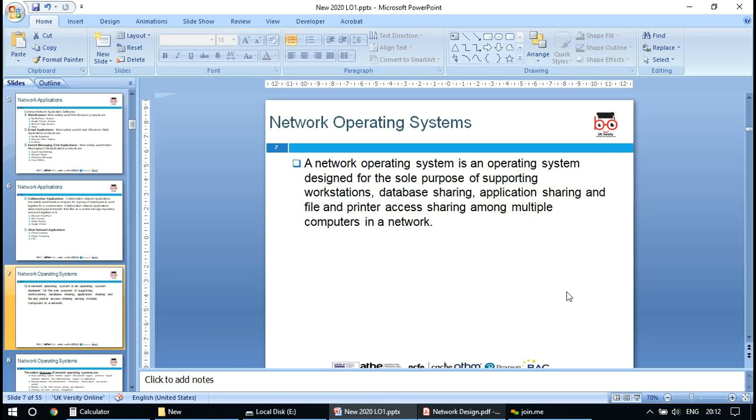So networks, the networking, and then the applications, and then you need a network operating system as well. A network operating system is an operating system designed for the sole purpose of supporting workstations, database sharing, application sharing, and file and printer access sharing among multiple computers in the network. So, for example, the network applications which we were discussing in the previous slides, you require a solid kind of operating system as well.